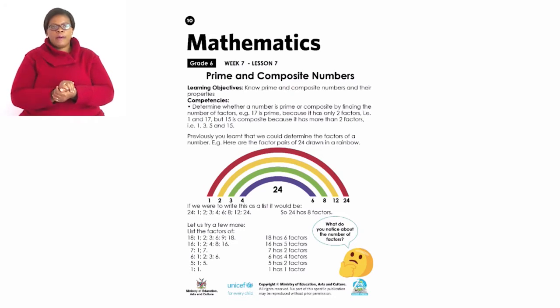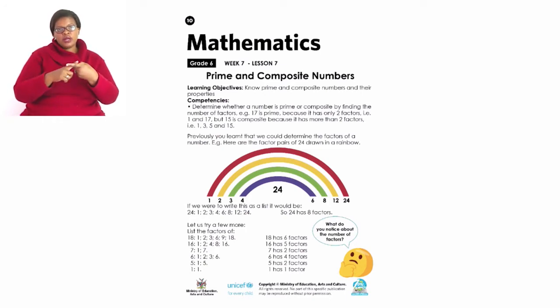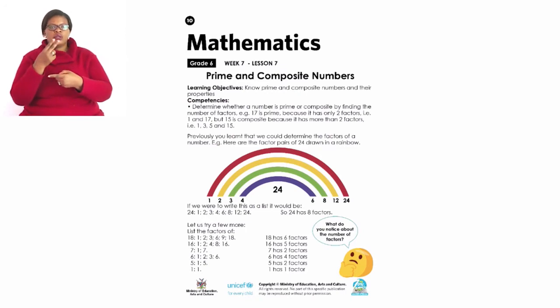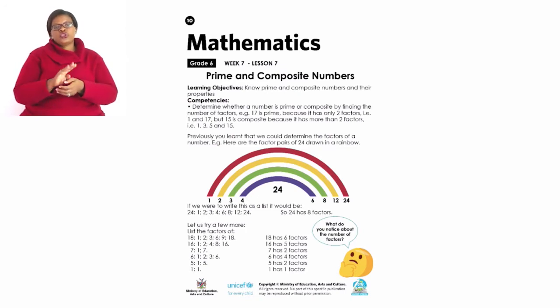And then we have 3 and 8. Multiply those two will also give you 24. And then lastly, we have 4 and 6, which are also factor pairs of 24. So the numbers 1, 2, 3, 4, 6, 8, 12, and 24 are factors of 24.